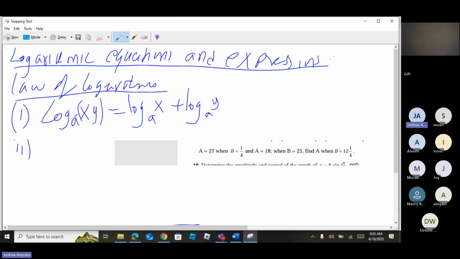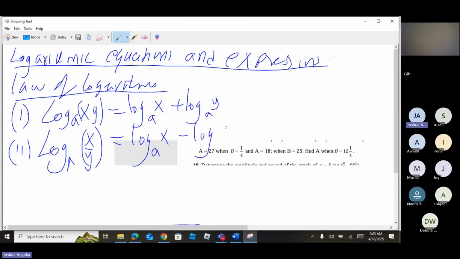Our second law, it is for division, log x divided by y to the base of a. This one becomes log x base a minus log y base a.